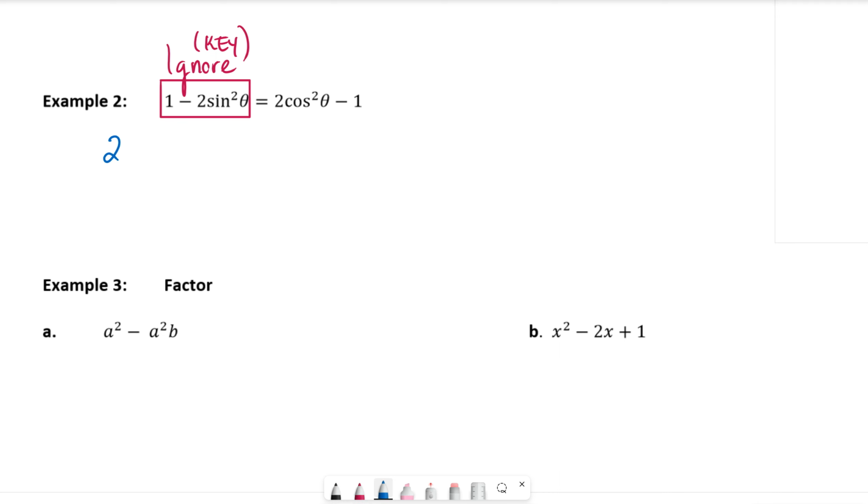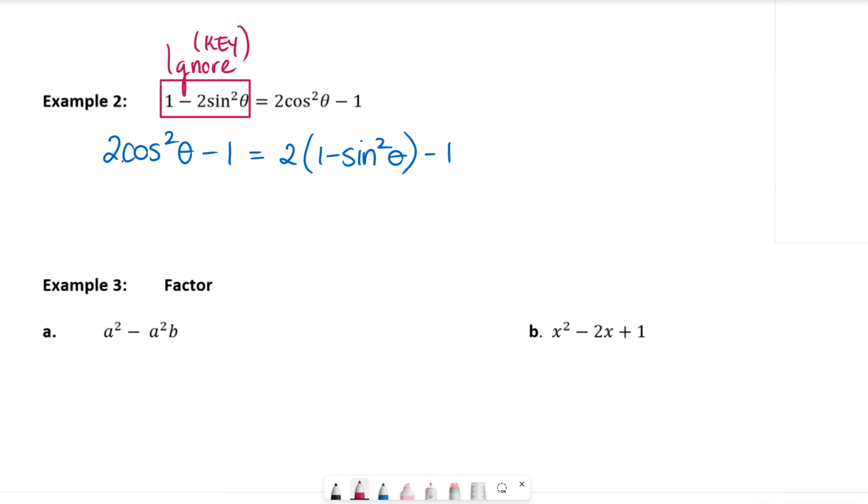So I'm starting to work with 2 cosine squared theta minus 1, and I want it to end up being what it is in that red box. Cosine squared theta in my trig function formula sheet is 1 minus sine squared theta, and then the minus 1 comes down.